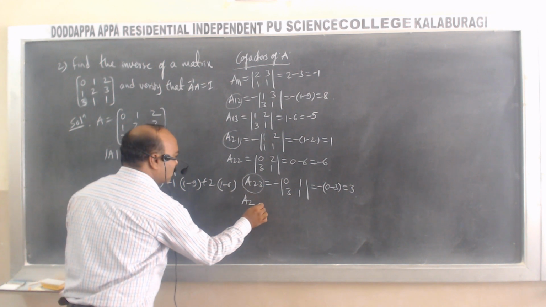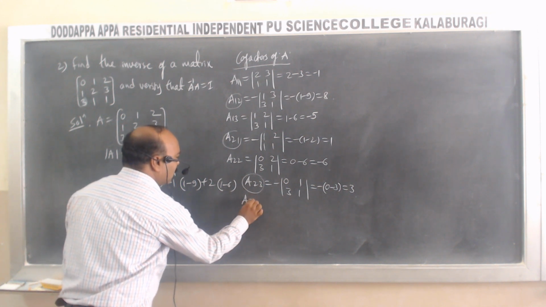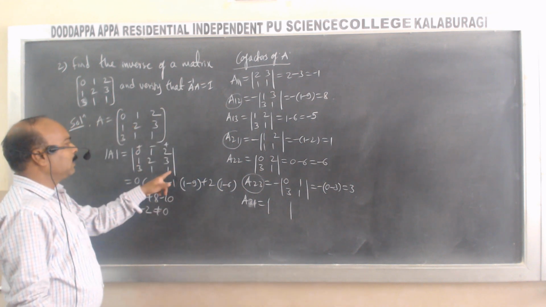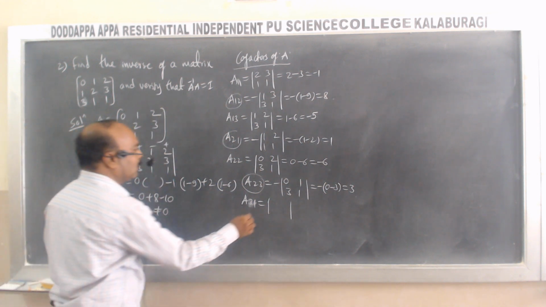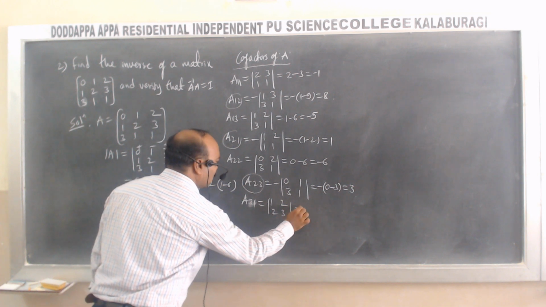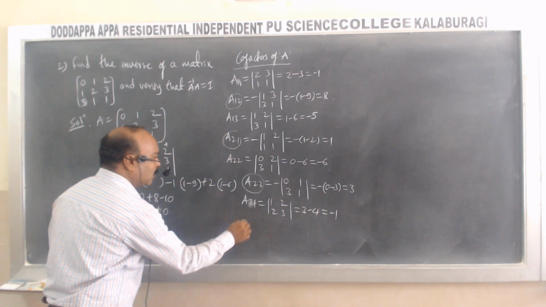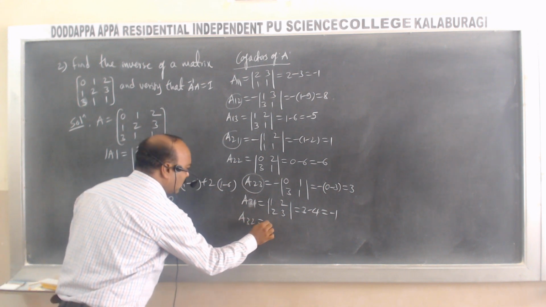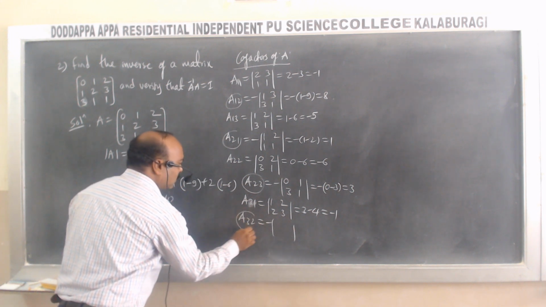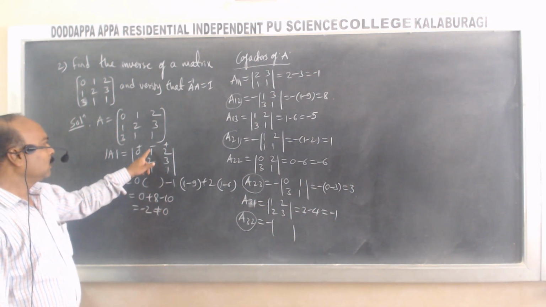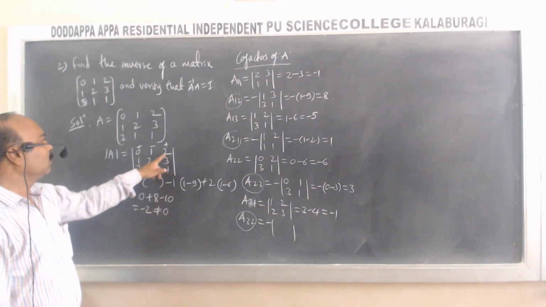Next A31, it is determinant of 1, 2, 2, 3. So it is 3 minus 4, it is equal to minus 1. Next A32, again minus of determinant because odd number. Deleting this column and this row, we get 0, 2, 1, 3.